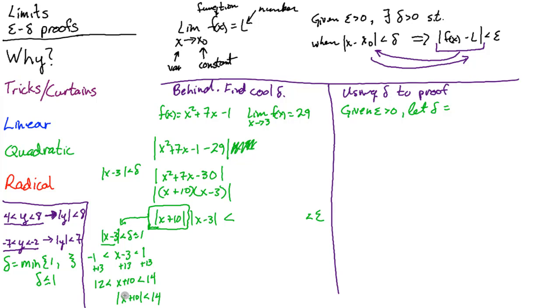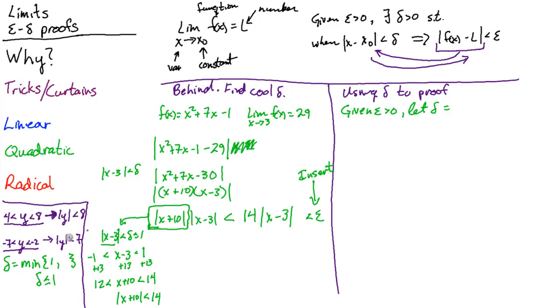Fascinating. So you're like, wait, is this fancy footwork? It kind of is. We're creating what's going to happen. So this guy is less than 14 times |x minus 3|. And now I insert the epsilon, which I held off on. You're like, what just happened?